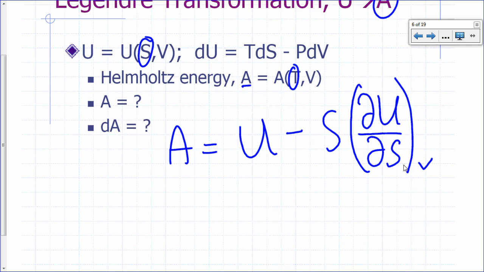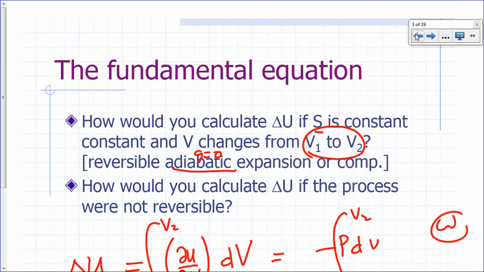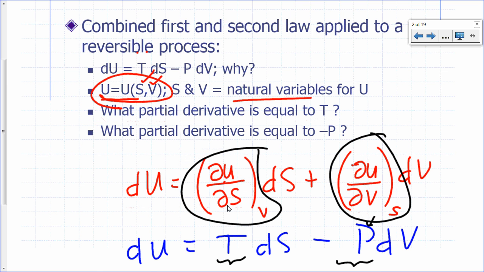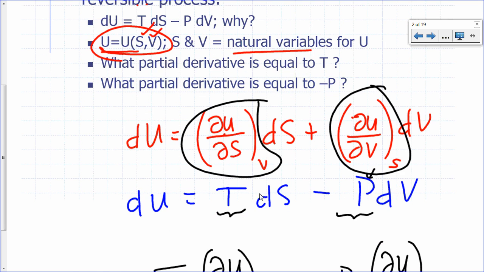What's partial of U with respect to S then? We've seen that earlier, at constant V. What was it? Partial of U with respect to S at constant V is temperature.